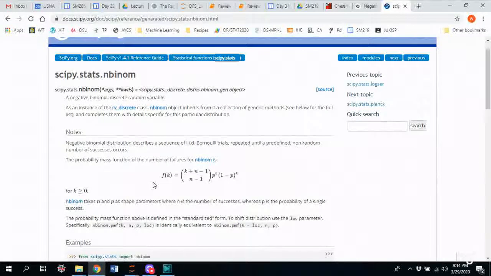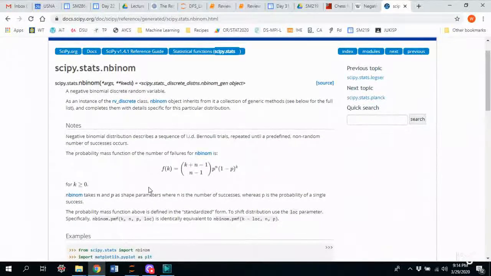And so n here, I believe, is the number of things that have to happen before you stop the flipping, and p is the probability of a single instance of these things that have to happen before you stop the experiment. And in our case, those things we called failures, and they had probability 0.4, and here they're calling them successes. So we have to be a bit careful about that.